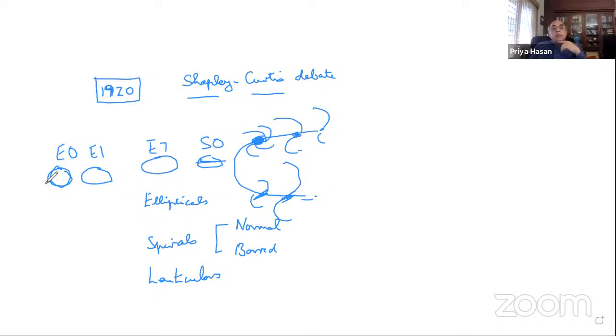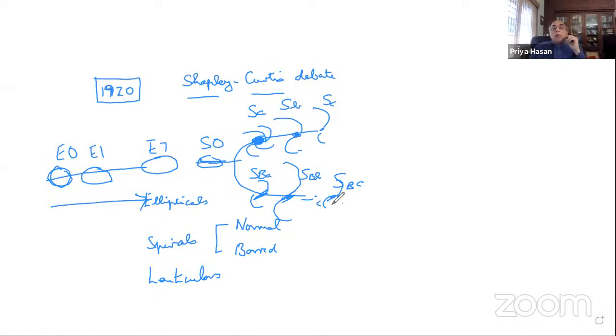Okay, so this was a very simplified scheme of arranging them. These are your SA, SB, and SC, and you have SBa, SBb, and SBc barred spirals, right? And somehow people started believing that this is how they evolved, right?